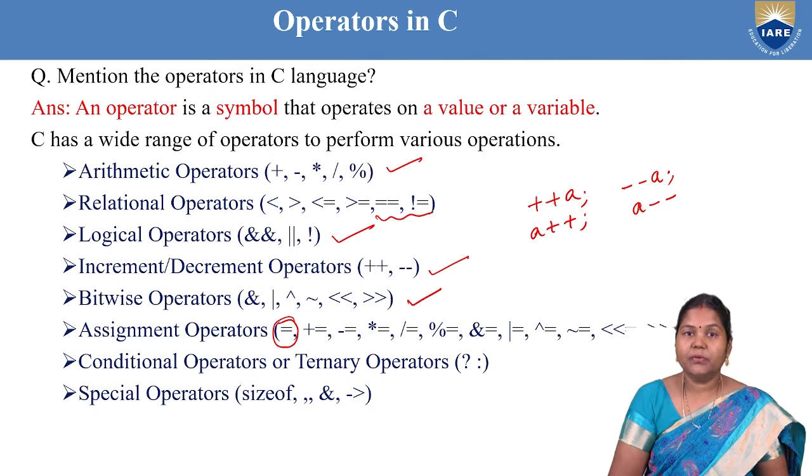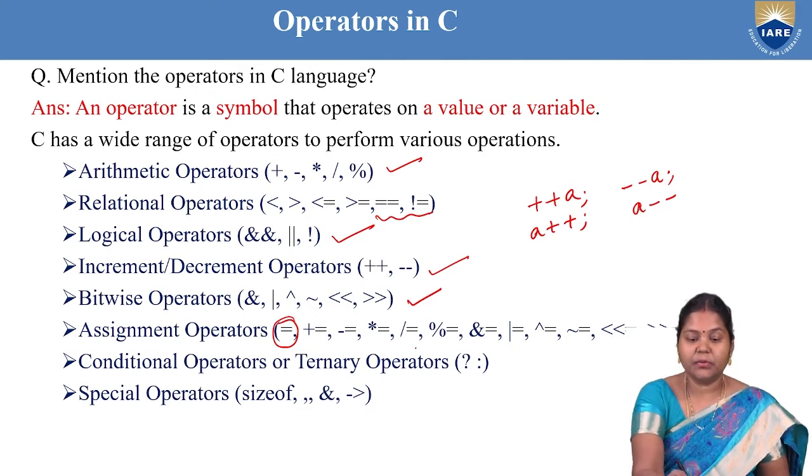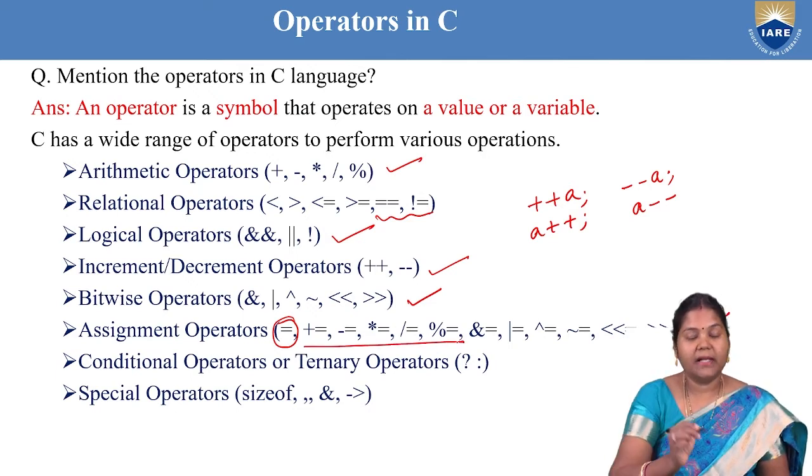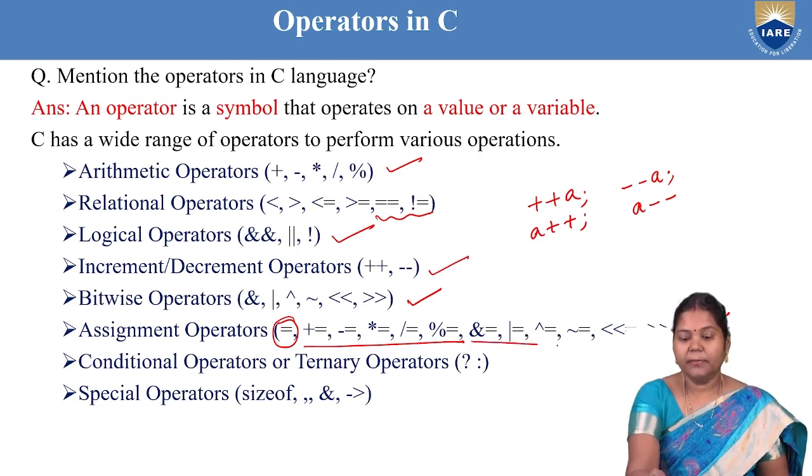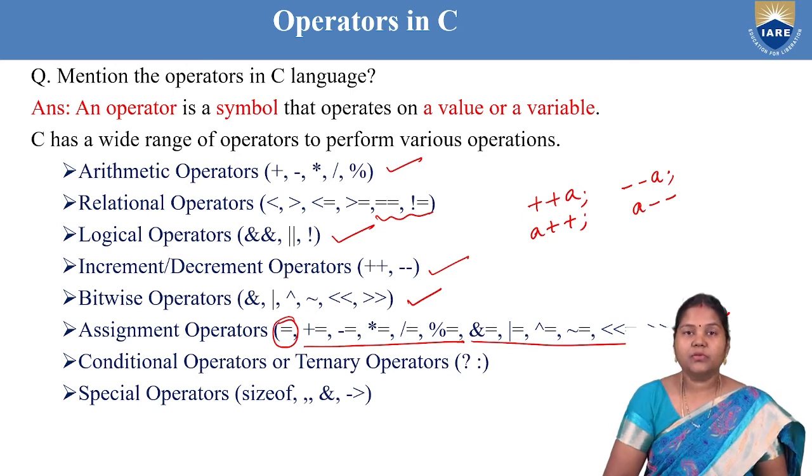So plus equal to, minus equal to, multiplication equal to, modulus equal to, and division equal to are the 5 arithmetic operators combined with assignment. Similarly, the bitwise operators are also combined with assignment. These are called compound assignment operators.